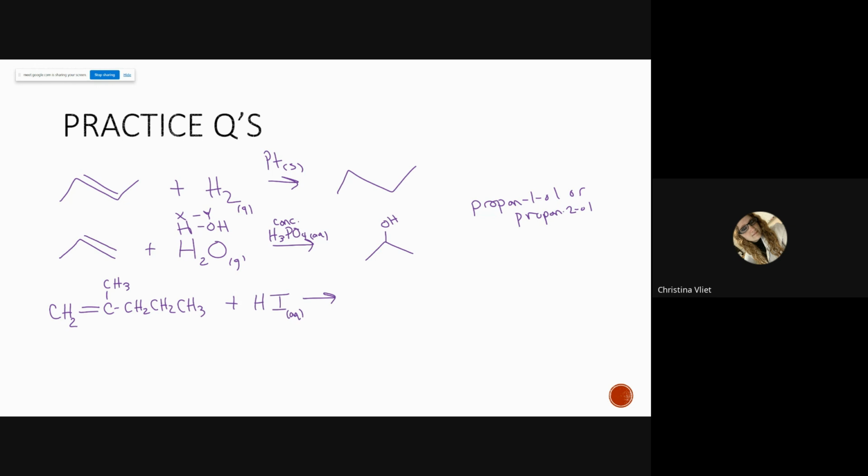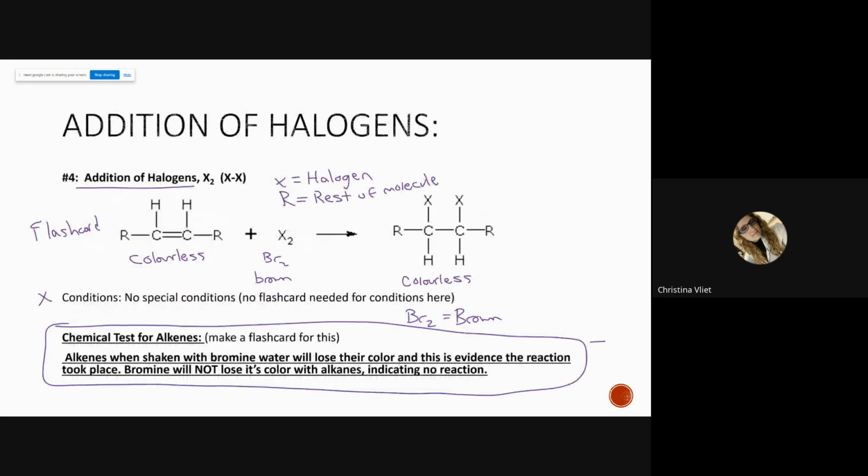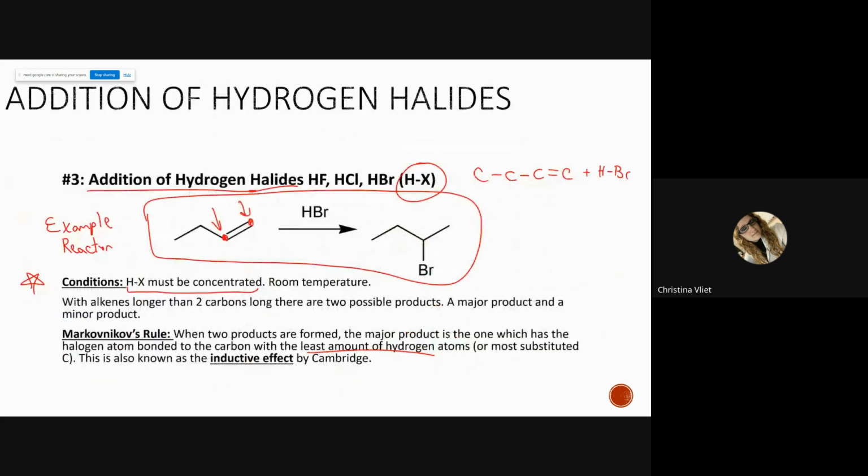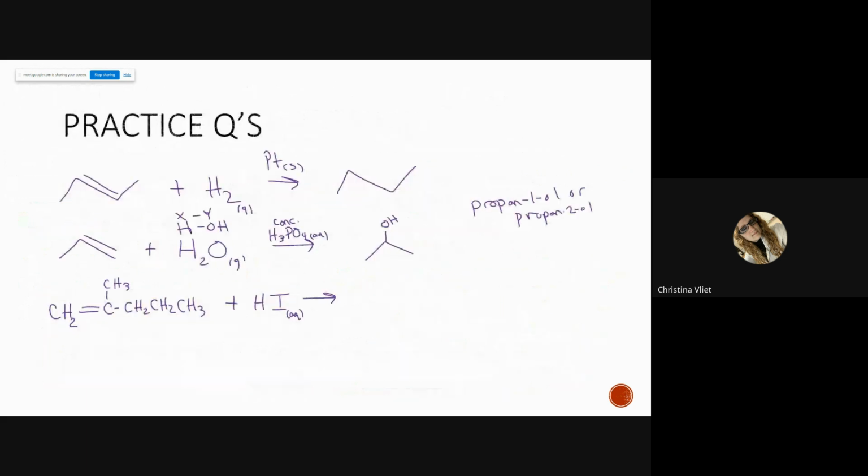CH2, so what is this? No, there's CH3. No reaction? Why not? Catalyst, temperature? No, we don't ever write concentrated as a reactant. It's happening.